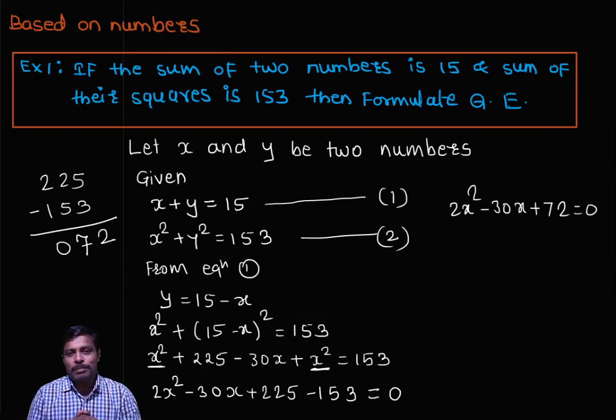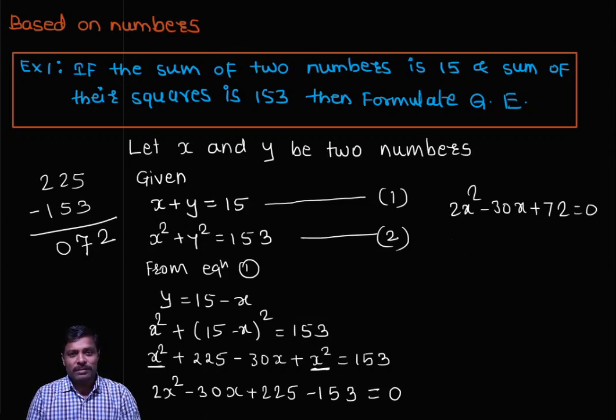Because in this example, if you read the first sentence, the sum of two numbers is 15. Its meaning is that if your first number is x, then automatically the second number would be 15 minus x. And that's why we can solve this problem by using the single variable x.